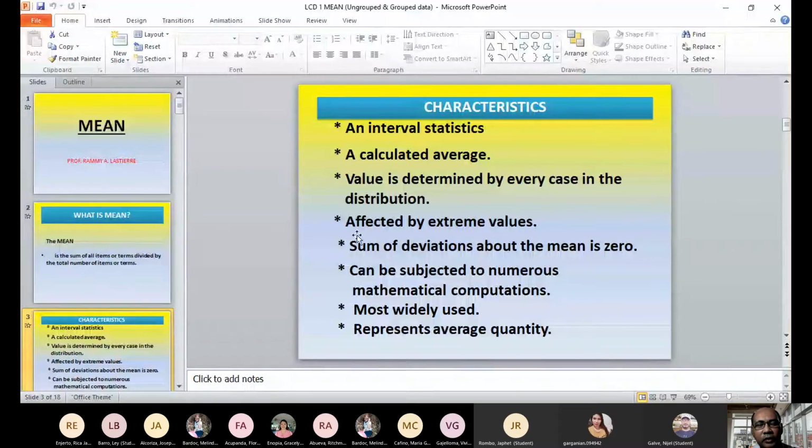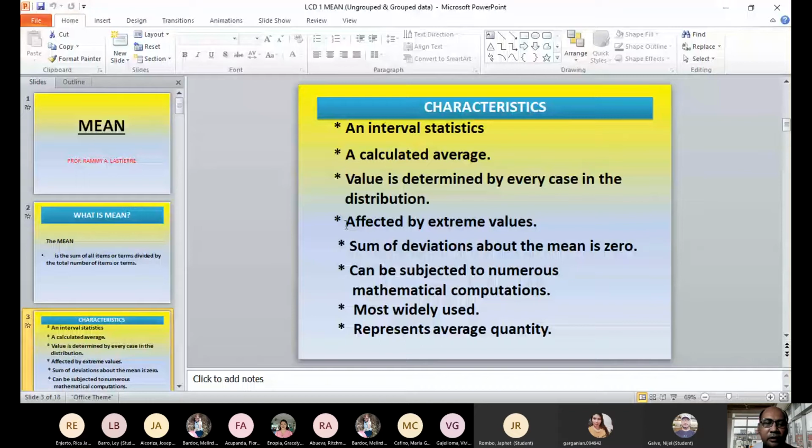That is why if your data has very extreme values, do not use the mean. For example, if the scores of students are very far from the next score or the next student, do not use the mean. Okay?